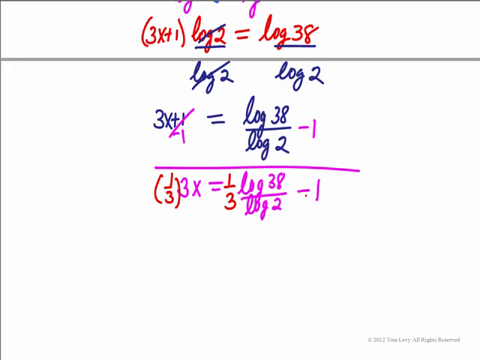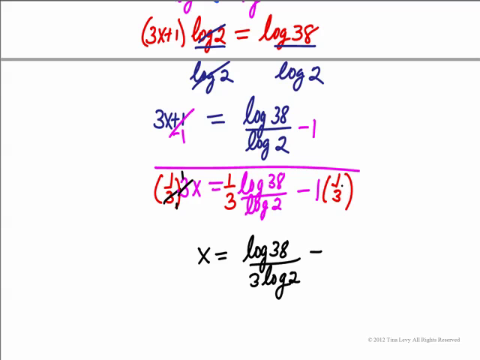So I'm multiplying both parts by 1/3. This gives me that x is log 38 over 3 times log 2, minus a third. This is the exact answer.